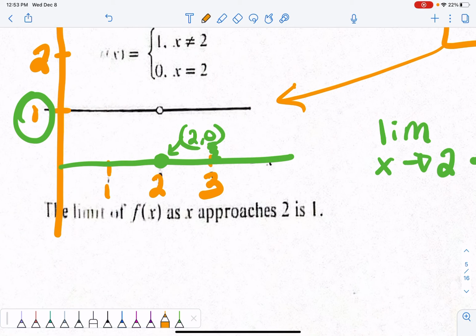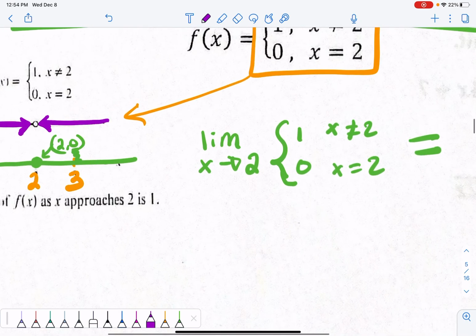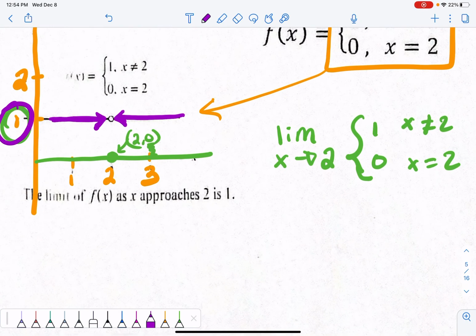The limit is going to be what the y-coordinate should be, right? Everything on the left and the right of that hole tells me that that y-coordinate should be 1. That's what the limit is, okay? It's just that hole ends up being filled in here at 0, right?